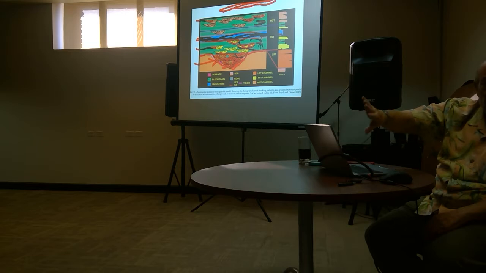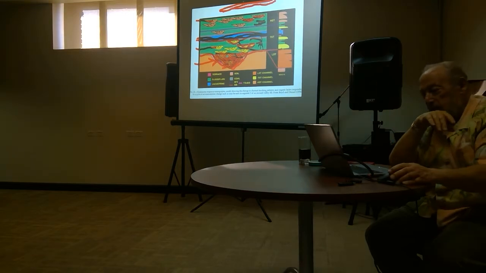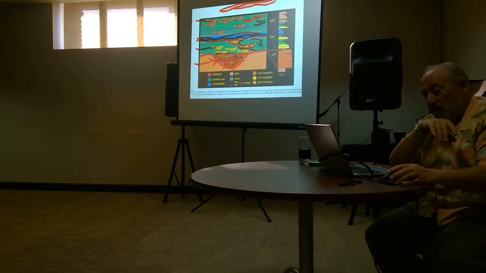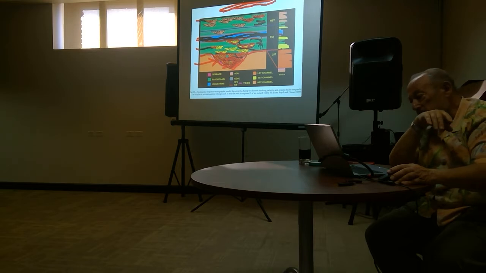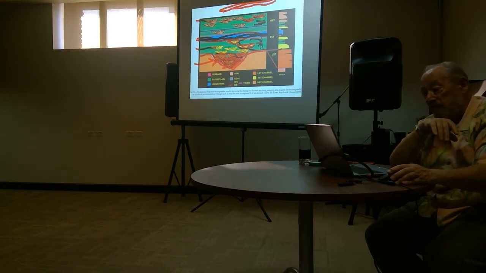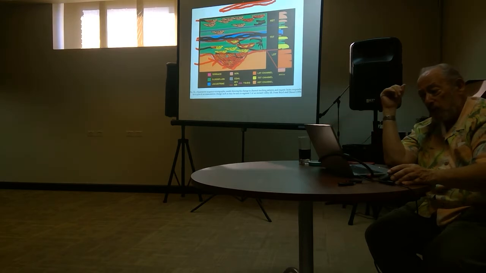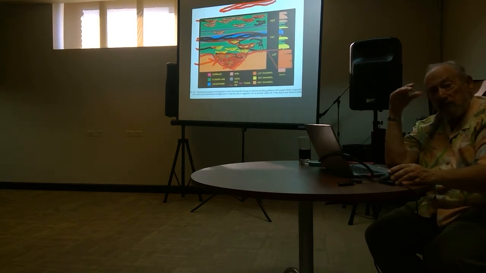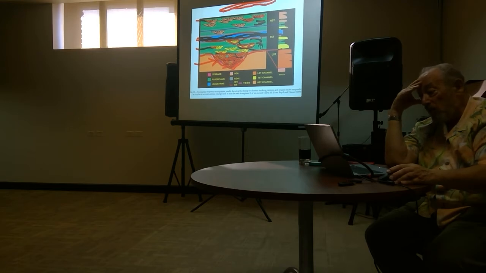Laterally, again, you get the changes. Up dip, you get more of the braided river. Down dip, you tend to get more of your marine influence, lenticular sand bodies in floodplain down near the shoreline. So this is a very nice generalized model to use for valley fill deposits.